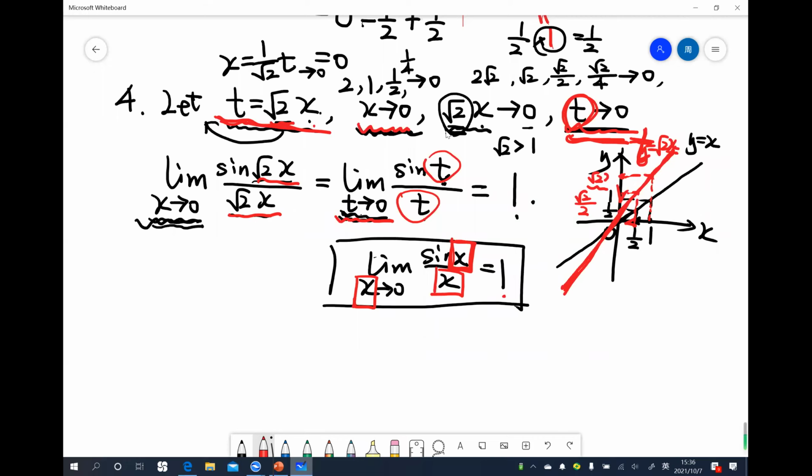If x equals 1, we get square root of 2, because square root of 2 times 1 equals square root of 2. That is t here, right? And if I take x equals 1/2, then t equals square root of 2 over 2. So you can see, as x approaches 0, y also approaches 0. Y gets smaller and smaller, and gets close.